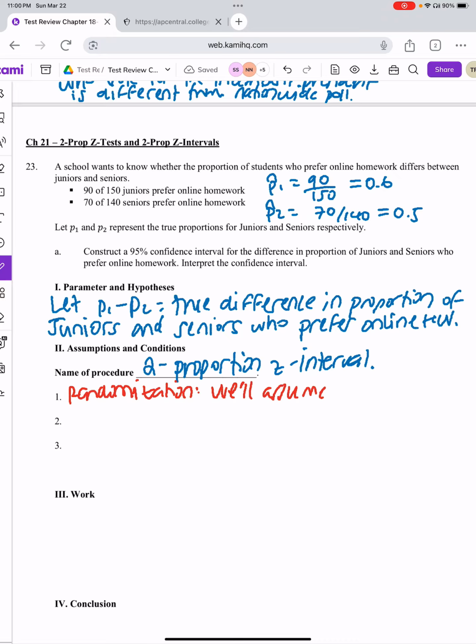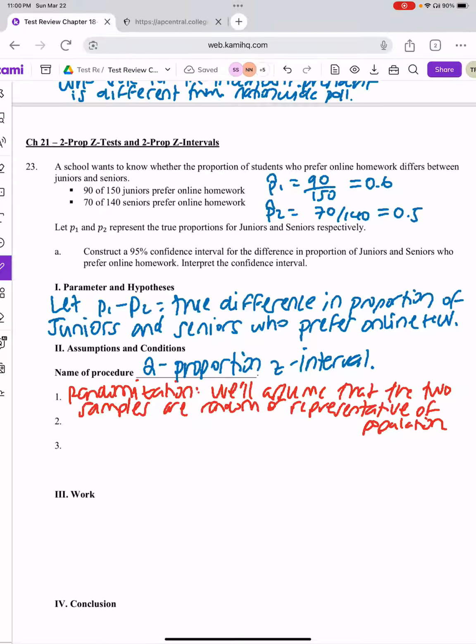We'll assume that the two samples are random or representative of population. Otherwise, we can't do it.